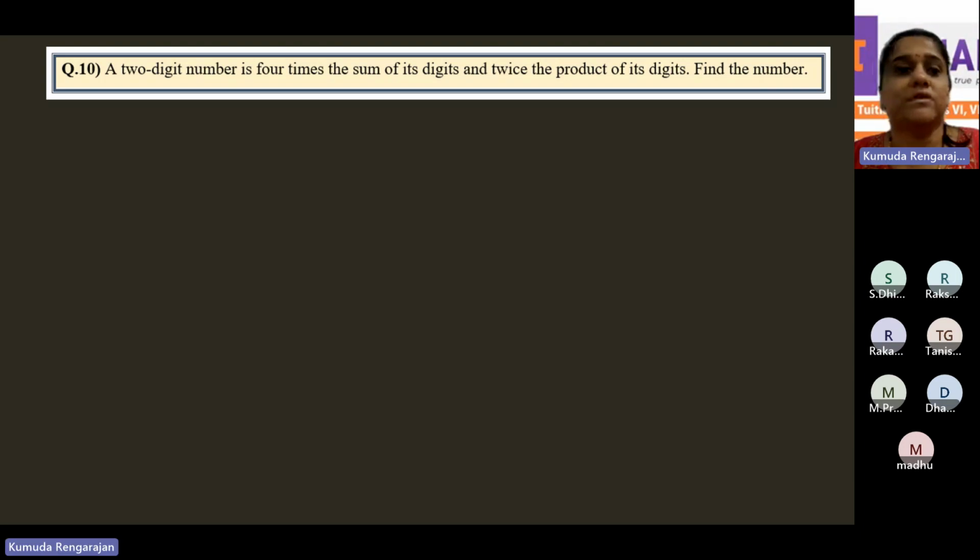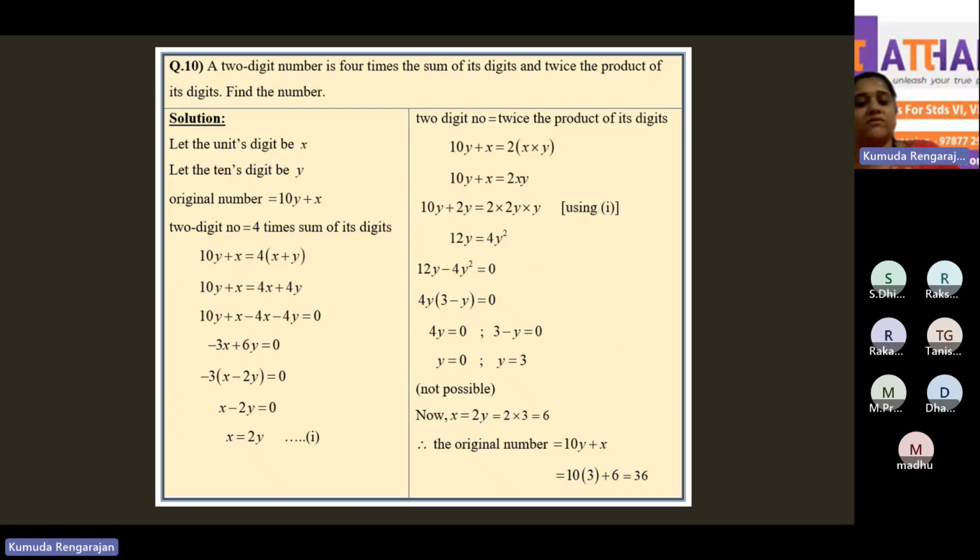Find the number. Answer the question. A two-digit number is 4 times the sum of its digits and twice the product of its digits. Find the number. Got it? Online students, start working.